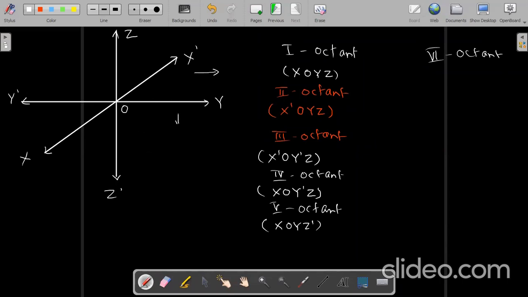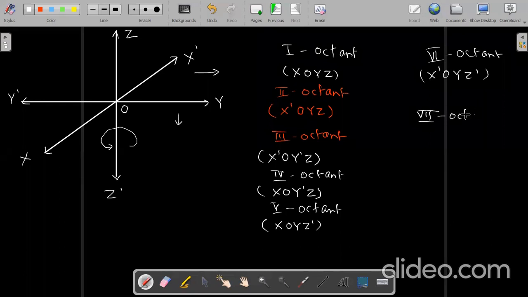We are moving below side. This side we are moving like this. Okay. So this is our first octant, meaning fifth, and then sixth will be backside. So when you go backside, X dash O Y and Z dash. Sixth.